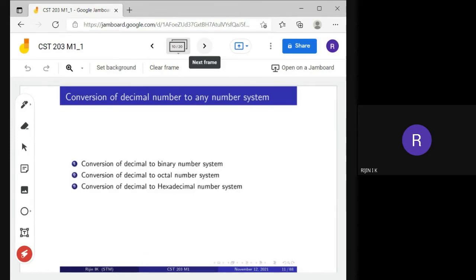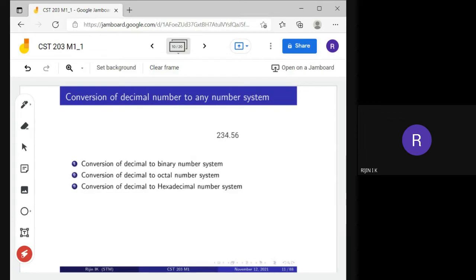Suppose consider a number like 234.56. In that case, how do we convert this decimal number into a binary number? Here we have both the integer part and the fractional part.